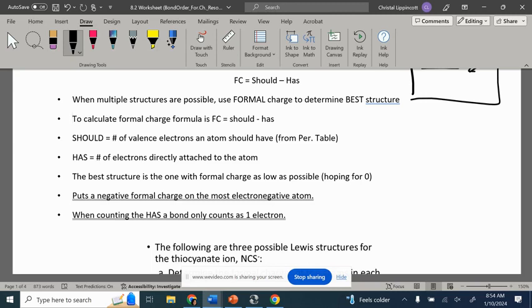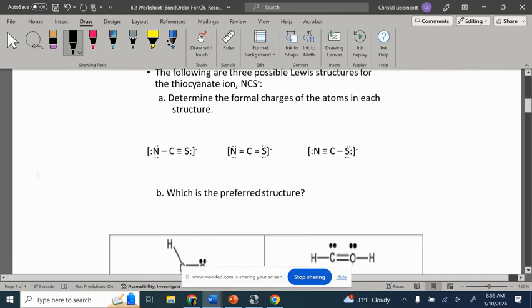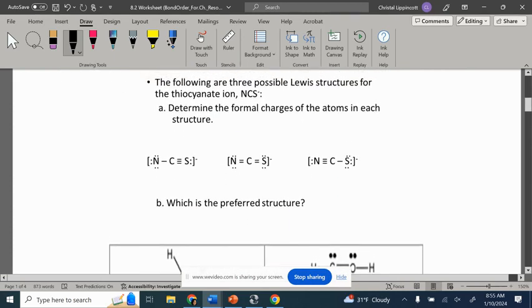And the best structure for that is one with formal charge as the lowest possible, and it puts that negative formal charge on the most electronegative element. When counting the has, now this is the only time you do this, a bond is just one electron. Okay, that's the kicker. That's what you got to kind of remember. All right. So let me go through this with you and show you some examples, okay? Because it makes sense once we get through here, okay?